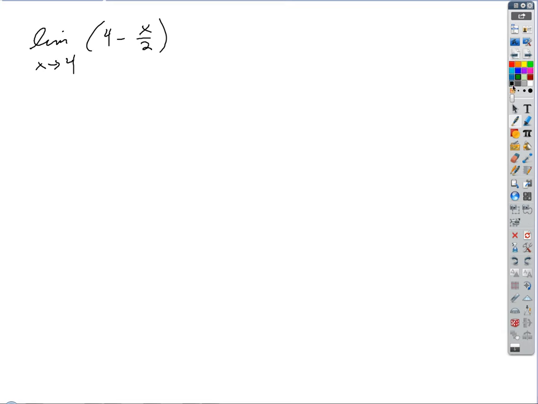Okay, so the limit is equal to 2, so this is L. What's c? 4, good. C is 4. Epsilon has to be less than 0.01. Actually, epsilon is equal to 0.01, I should say.